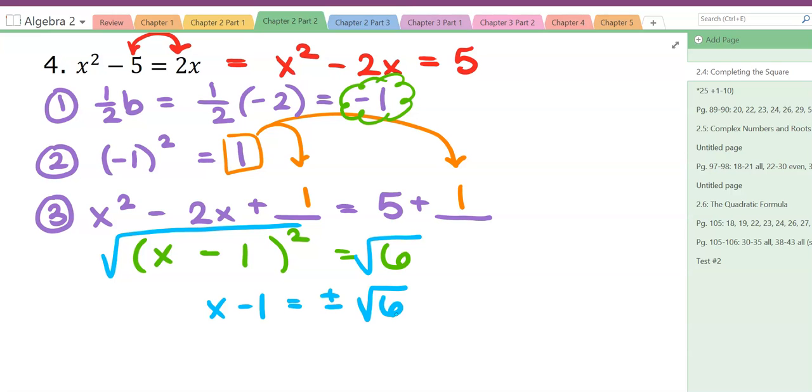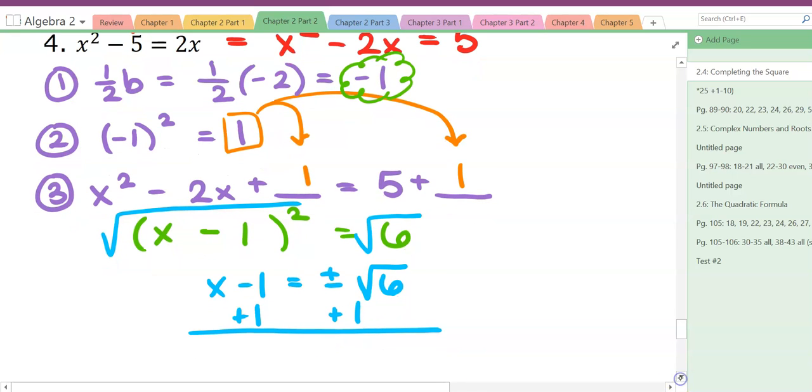So we're going to have to just leave 6 alone. What's the last thing I need to do then? Add 1. So final answer should say x equals 1 plus or minus the square root of 6.